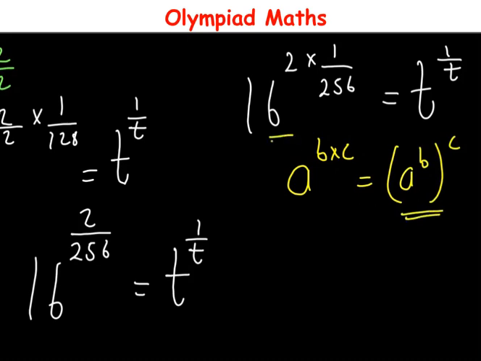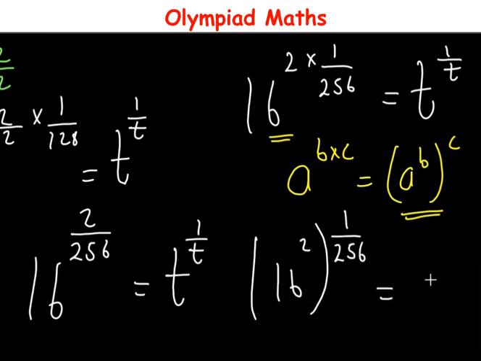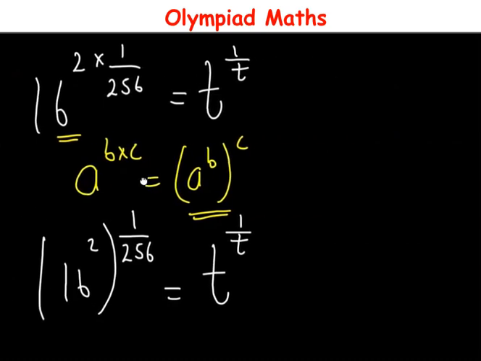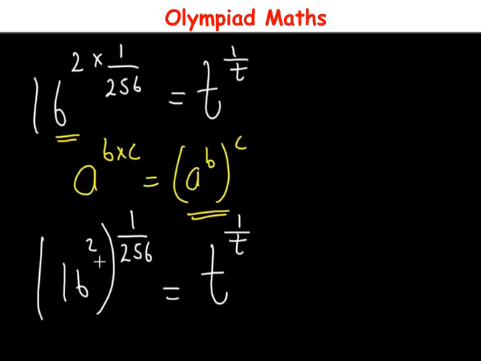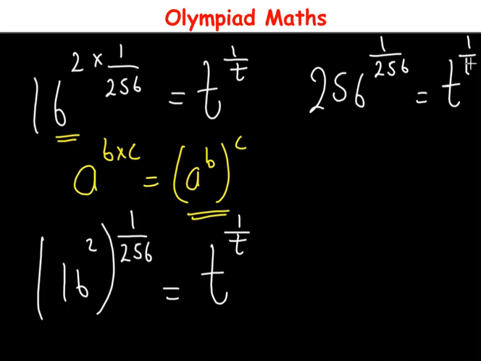Applying this rule right here, what we have is in brackets 16 raised to power 2 all raised to power 1 over 256 is equal to t raised to power 1 over t. So with this, 16 squared, the value is equal to 256 raised to power 1 over 256, which equals t raised to power 1 over t.